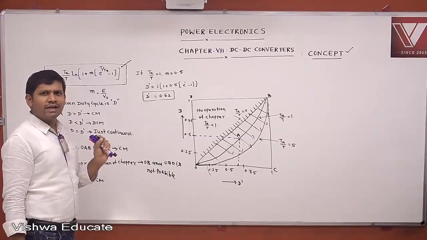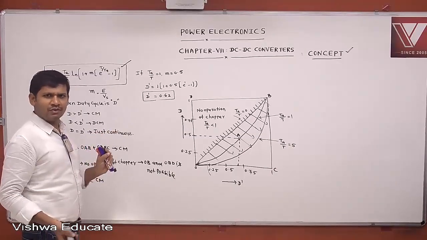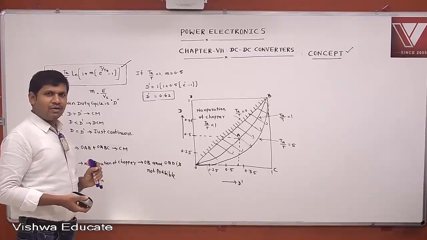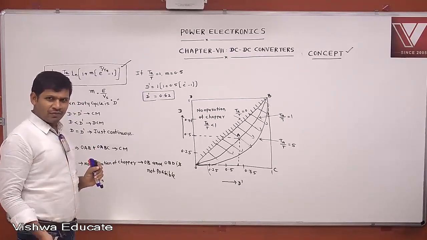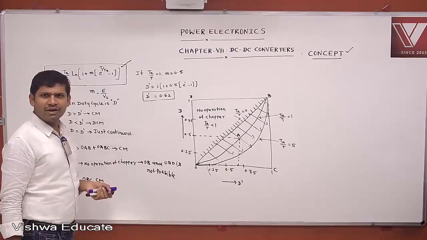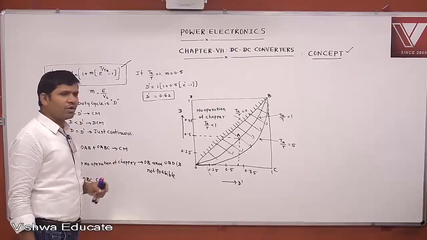What is the duty cycle at maximum average thyristor current? Similarly, what is the duty cycle at the maximum RMS freewheeling diode current, and what is that maximum RMS value? I want to discuss these two concepts.